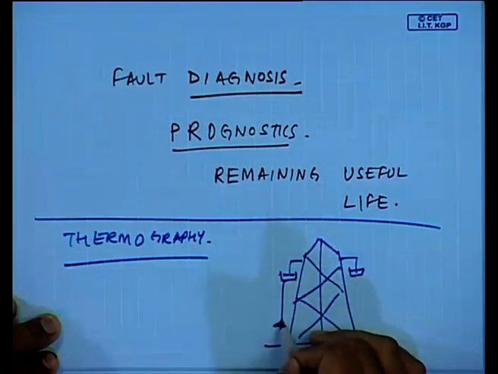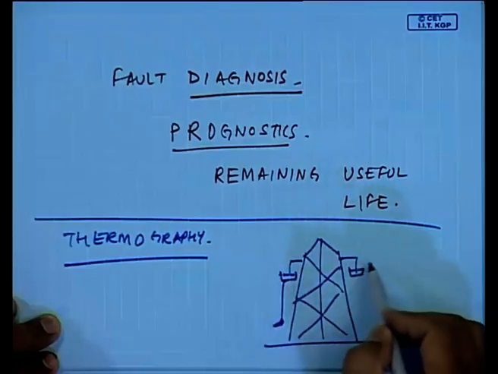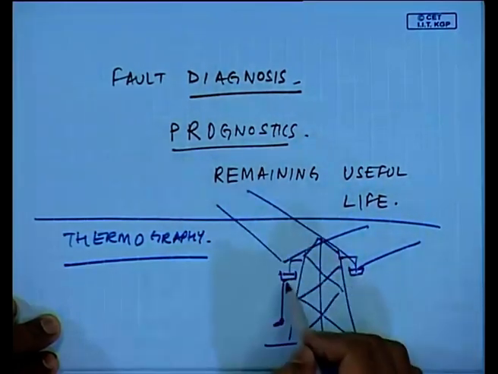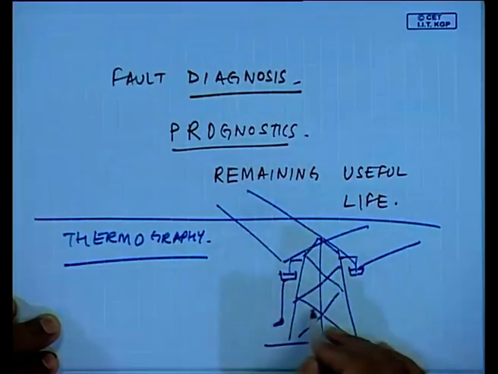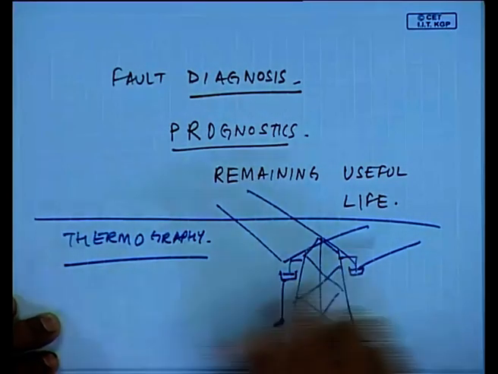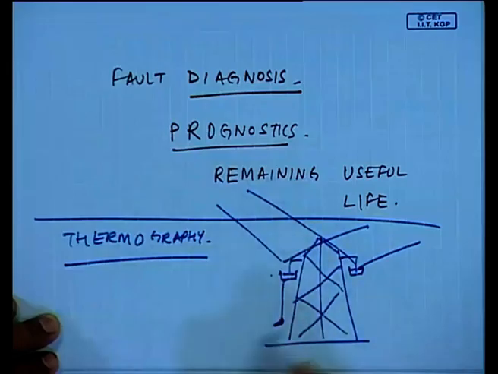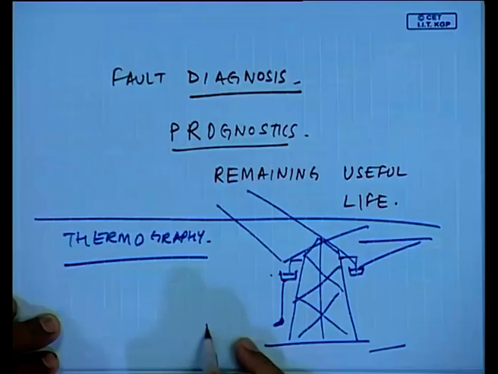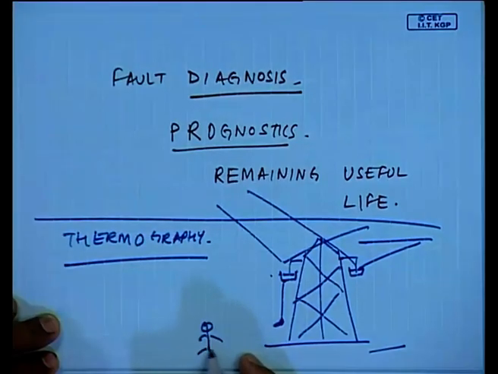Suppose from one transmission tower the line goes to another grid, they will have switch gears, and these switch gears have to make contact. This is high from the ground, and you are standing somewhere here.